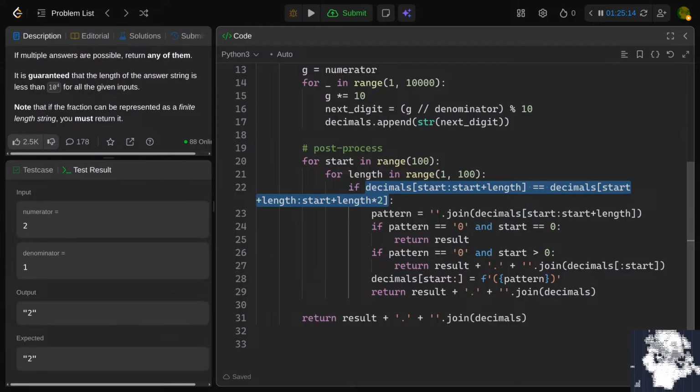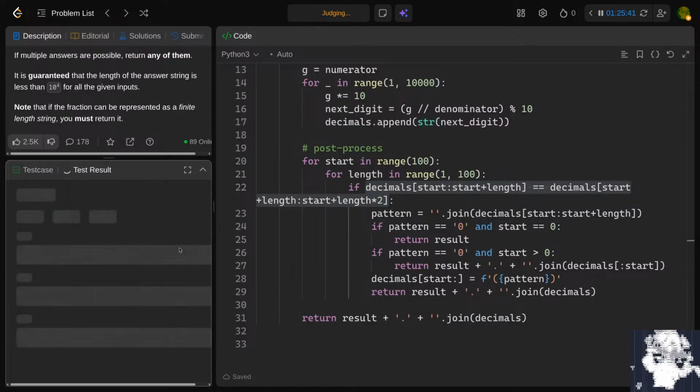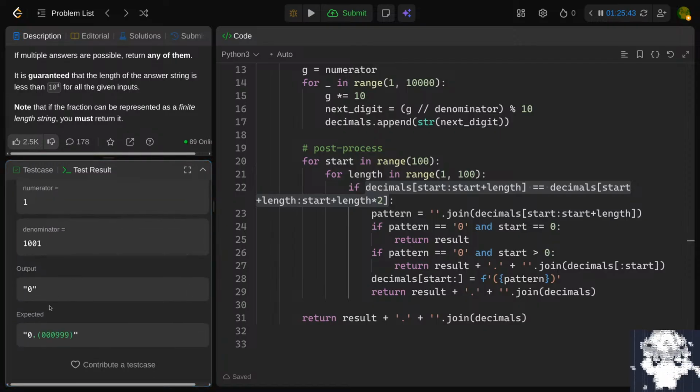And I'm not sure how to prevent that. So let's add that test case. We already know a test case that will fail, and that is if your numerator is 1 and your denominator is 1001. So we thought the 0 was repeating.